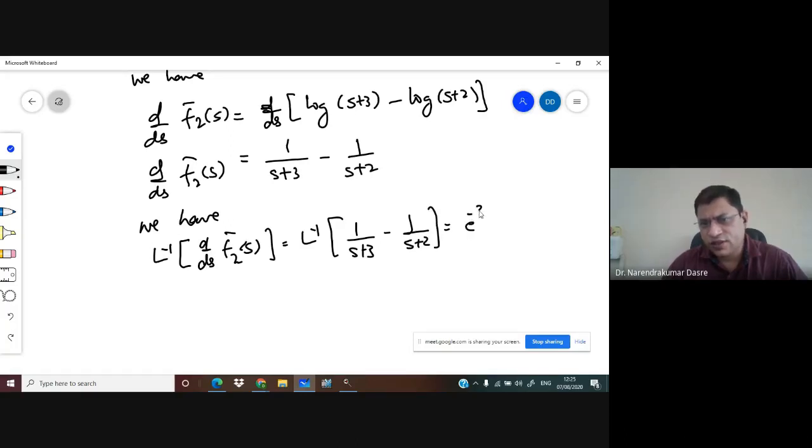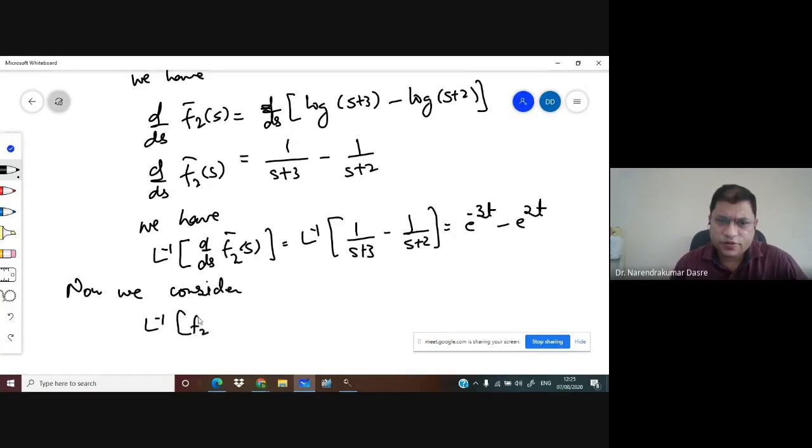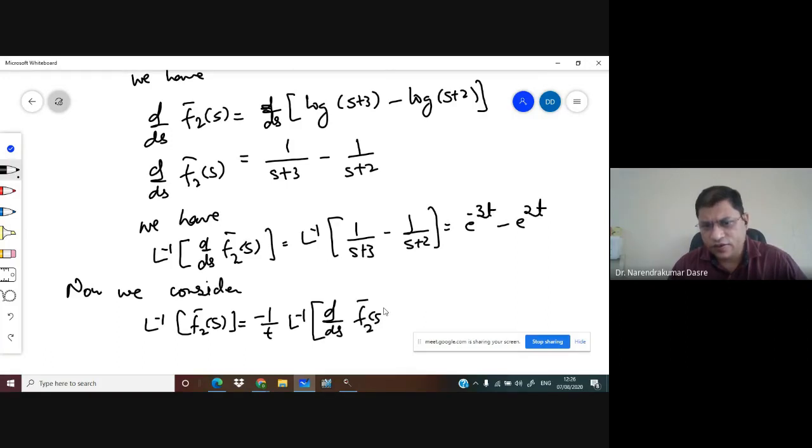So this is e raised to minus 3t minus e raised to minus 2t. Now the Laplace inverse of f2 bar of s is equal to minus 1 by t times the Laplace inverse of d by ds of f2 bar of s.